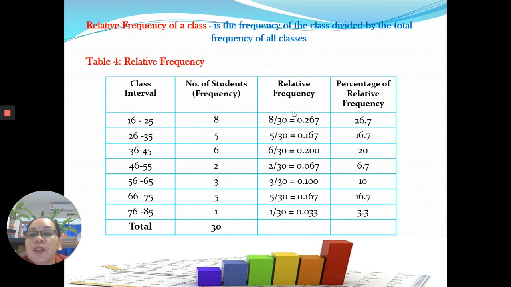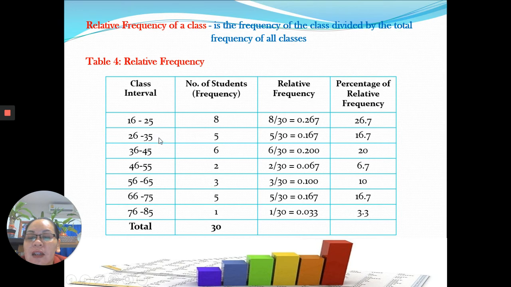So for the first class interval, you have 8 over 30, and that is equal to 0.267. To get the percentage, just multiply 0.267 by 100, then you will get the percentage of relative frequency, which is 26.7%. You do the same to the other class intervals. So you'll have 26 to 35.